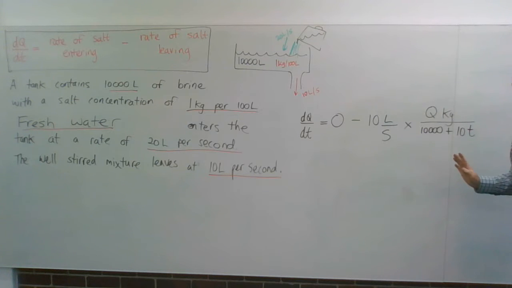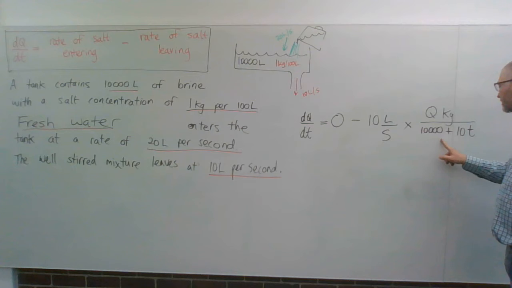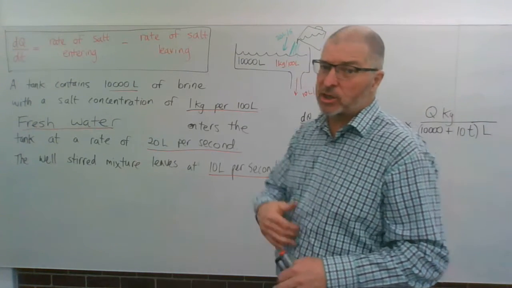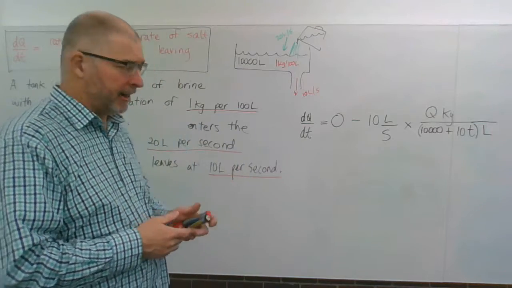So after 1 second, it's 10,010 litres. After 2 seconds, it's 10,020, because 10 times 2 is 20. And that is the volume on the bottom there in litres. Q kilograms in whatever that volume is, which changes over time, but that's okay.